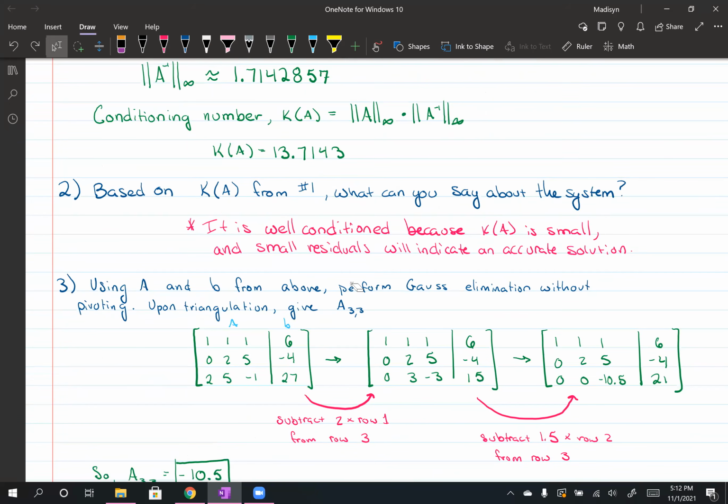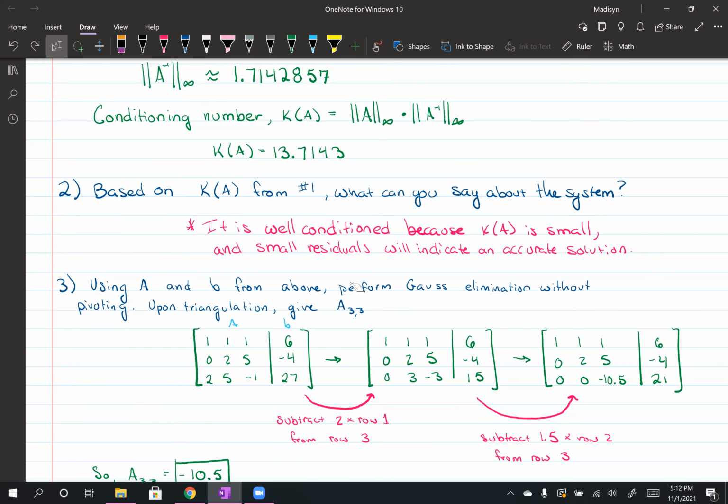So the next question is going to ask you something along the lines of, hey, what does this conditioning number mean? And one of the things it means is that if it's small, it's a well-conditioned system. And if you yield a small residual, then your solution is going to be accurate with this system. When we say small, it's kind of a relative thing. There's no hard limit to say, hey, if your conditioning number is greater than 10, it's going to be big.